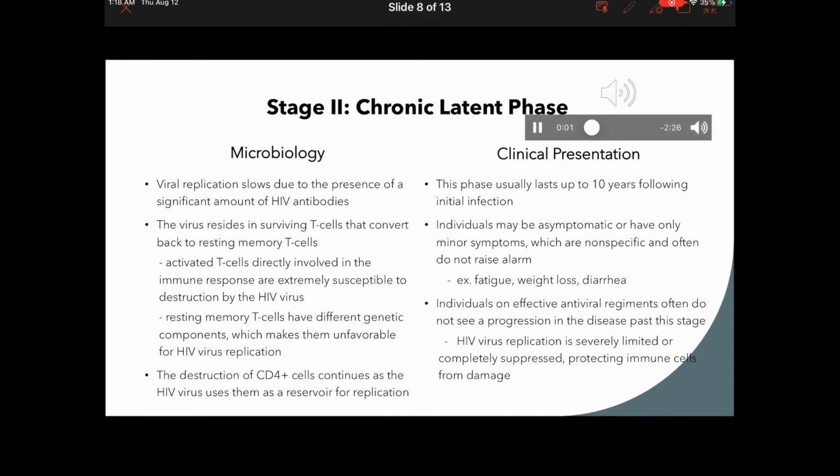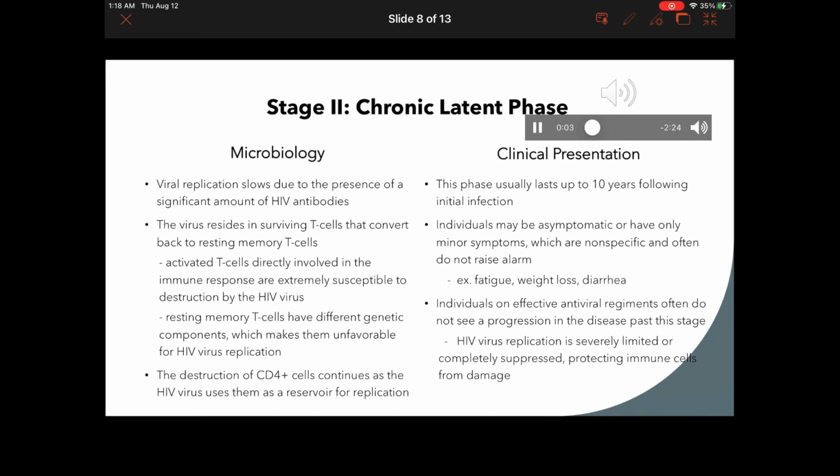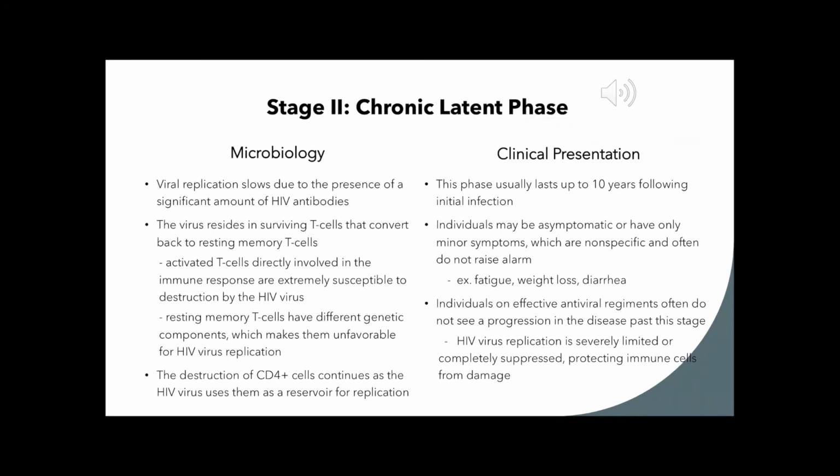Stage 2 is the chronic latent phase of HIV. So in this phase, viral replication slows due to the presence of a significant amount of antibodies against HIV. Now that the body has recognized the HIV as an invader and has created antibodies, replication is suppressed somewhat. So the virus resides in surviving T cells that convert back to resting memory cells.